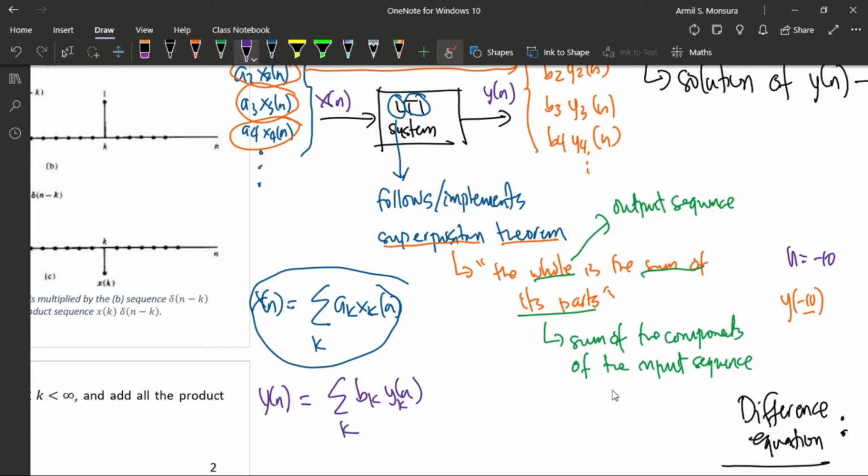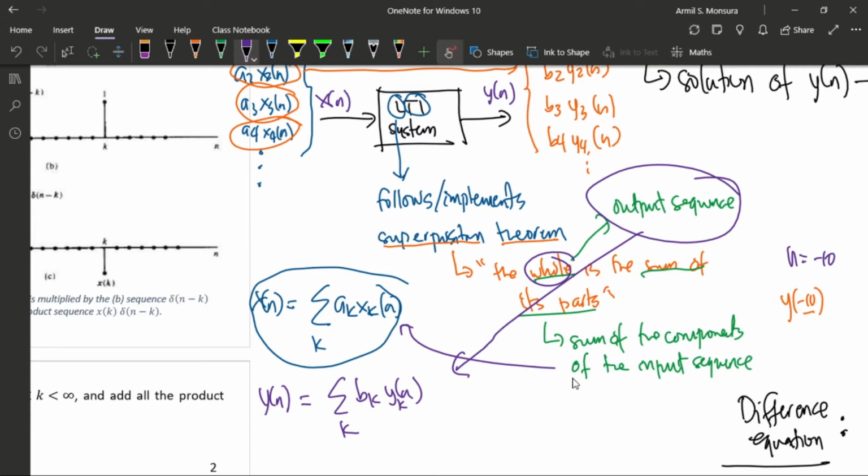So yun yung tawag nating sum of the components of the input sequence is the whole. The sum of the parts is the output sequence. So yun yung binabanggit natin tungkol sa approach na gagamitin natin on the second technique.